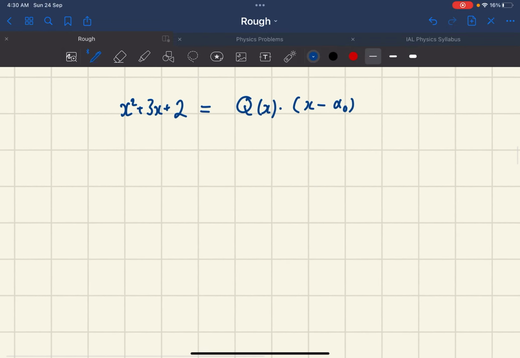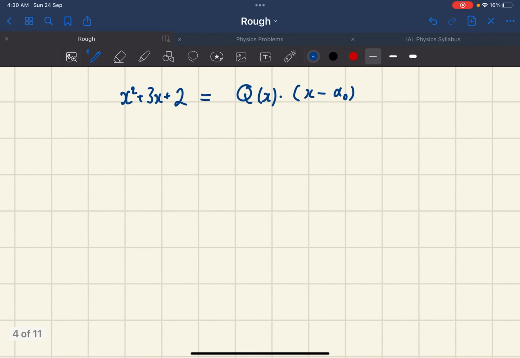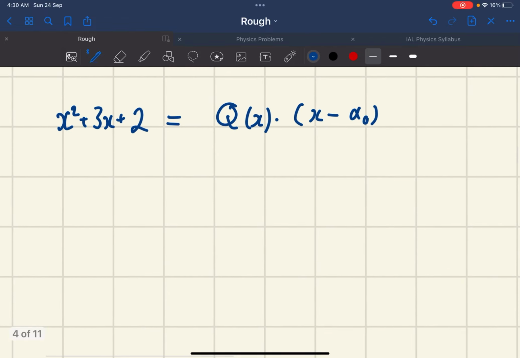Gauss has a theorem. It's called the fundamental theorem of algebra, although it is probably neither fundamental nor algebraic. It's more complex analysis stuff.